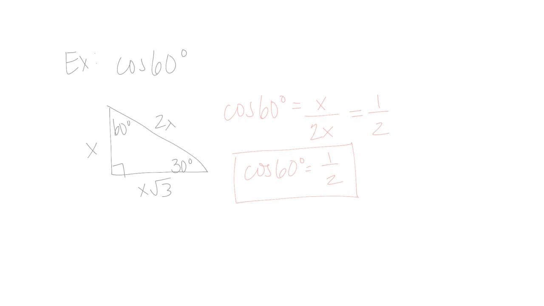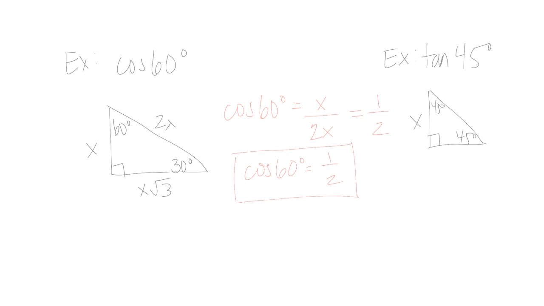Let's do one more. So here's another example. Let's say I wanted to find the tangent of 45 degrees. So what I'm going to do here is create the 45, 45, 90 triangle. So here's my 45s.